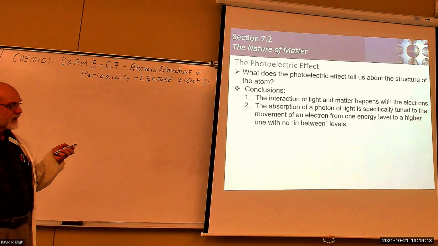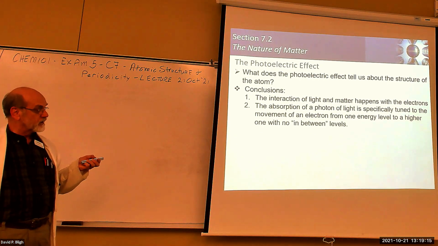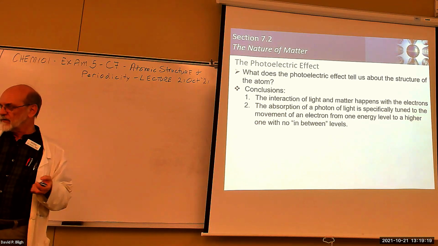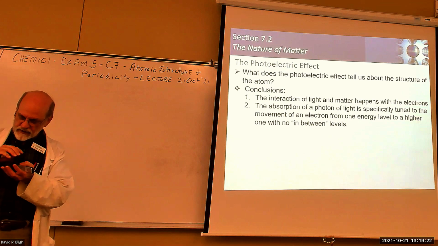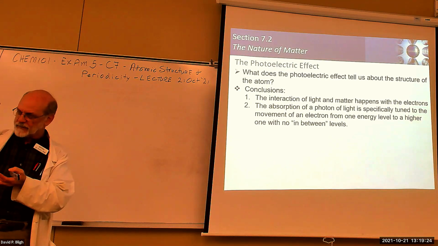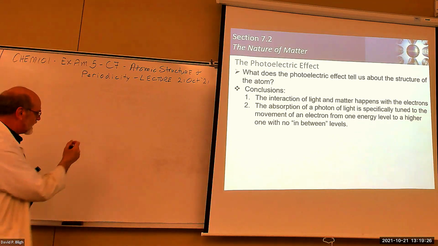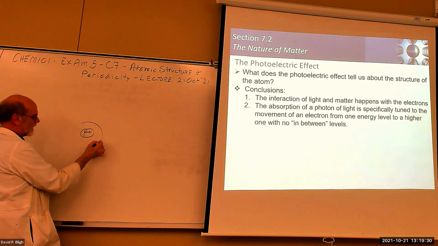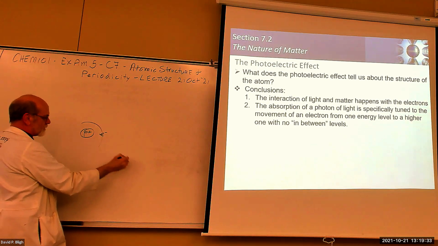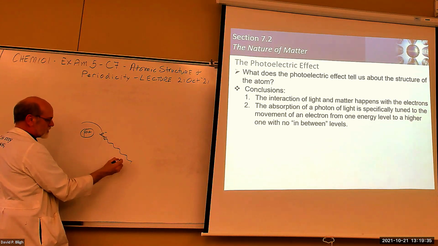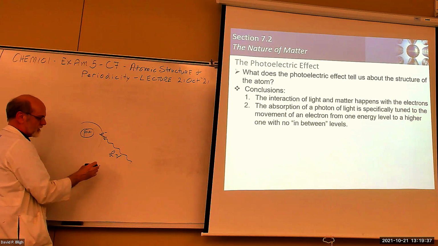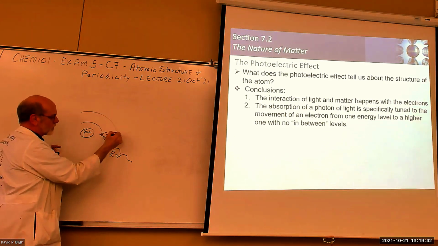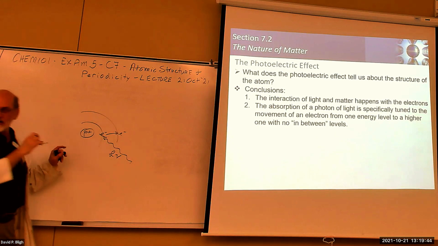And when a photon of light is absorbed, then the electron is promoted from a position closer to the nucleus to a position further away. So when we look at an atom, we have a nucleus here with its protons, and then we have an electron here. If light energy approaches of a certain energy, if it's the right amount of energy, then that electron will be promoted to the next energy level.